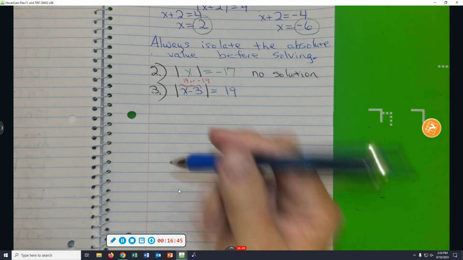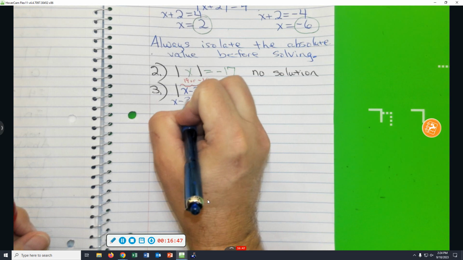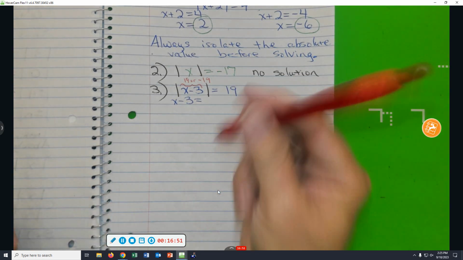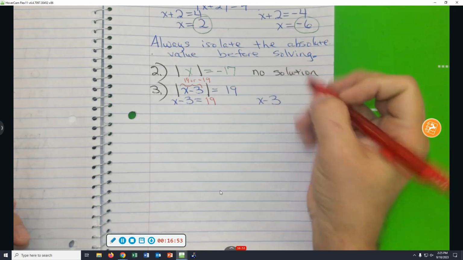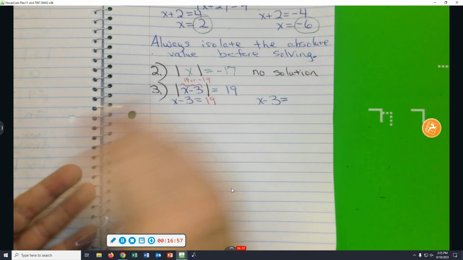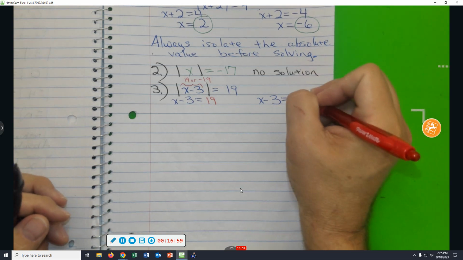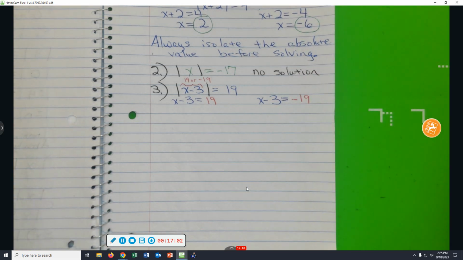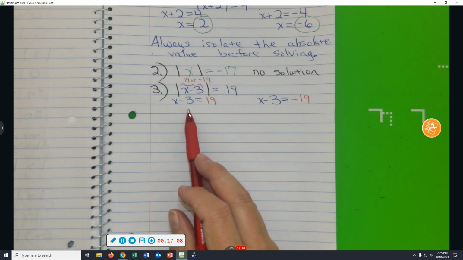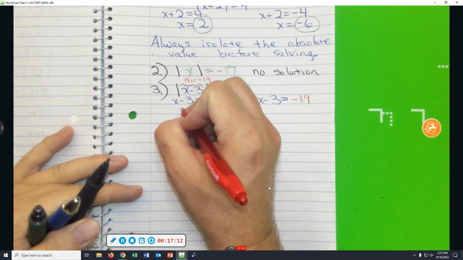This thing inside there has to reduce to 19 or negative 19. So x minus 3 has to equal positive 19 or has to equal negative 19. To solve this first equation, we add the 3. Be careful.